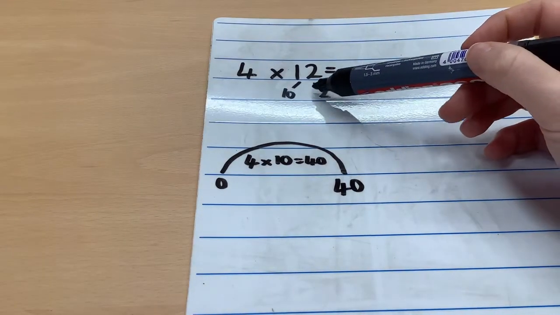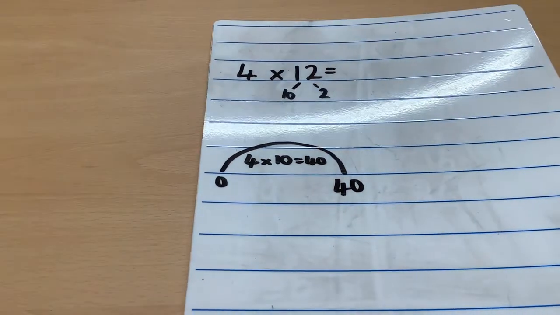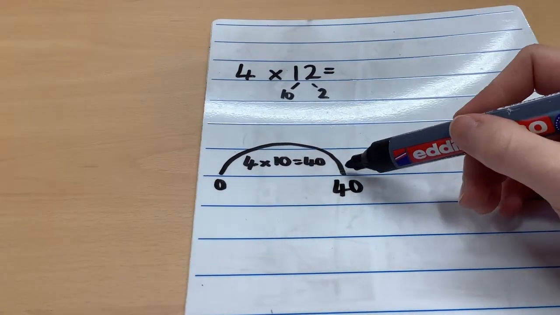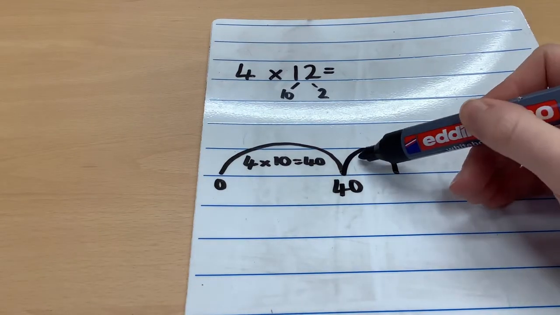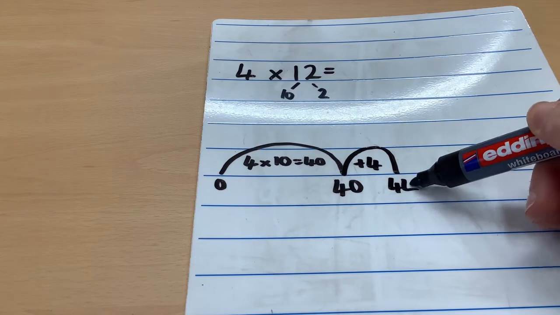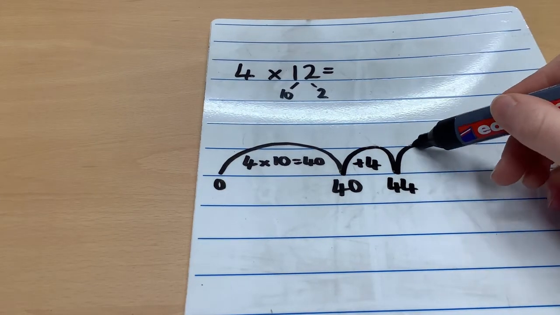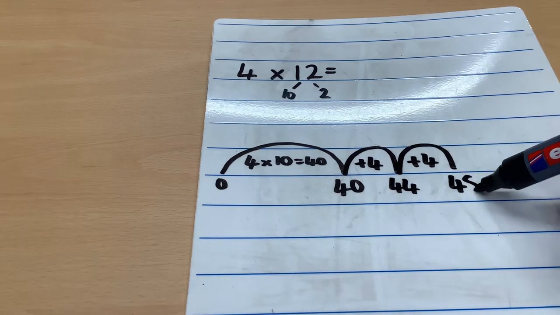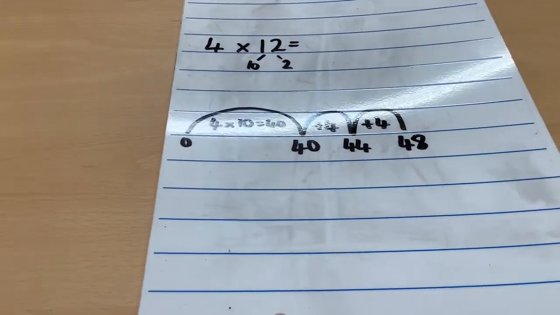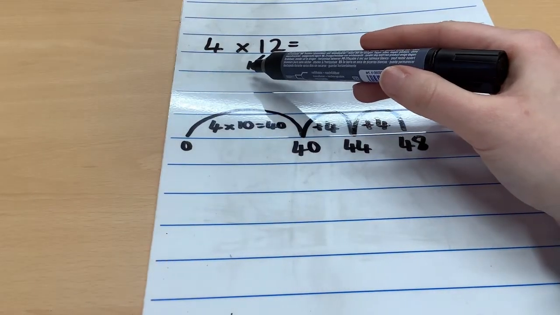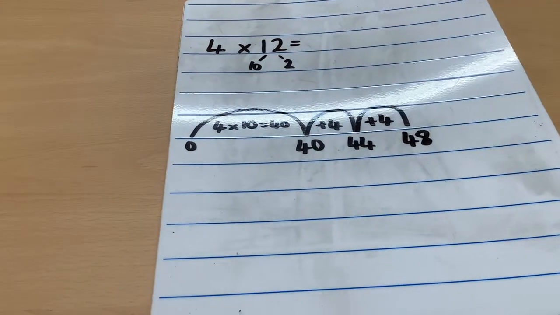Left, I've got the 2 that's in the 12, so that's 2 jumps of 4. 4, 2 times, so you can do 2 jumps of 4, so 40 add 4 is 44, and 44 add 4 equals 48.